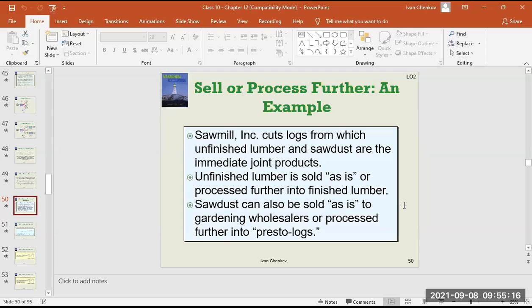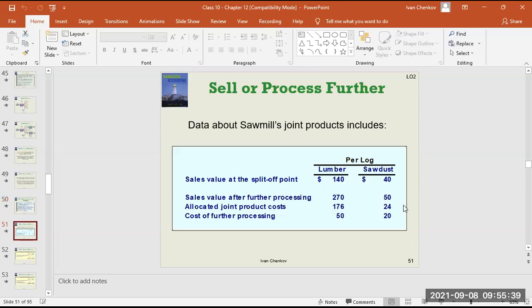Sawdust can also be sold as it is to gathering wholesale, or processed further into pressed logs. So we have those two, unfinished lumber and sawdust. We can process further into finished lumber or process further into pressed logs. So let's see the information.